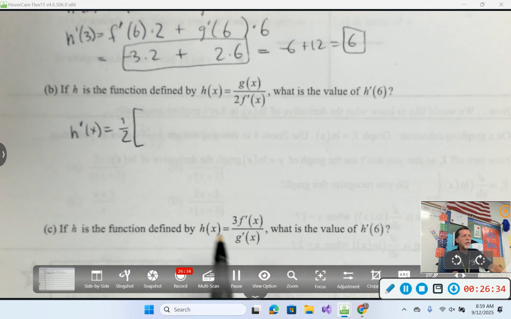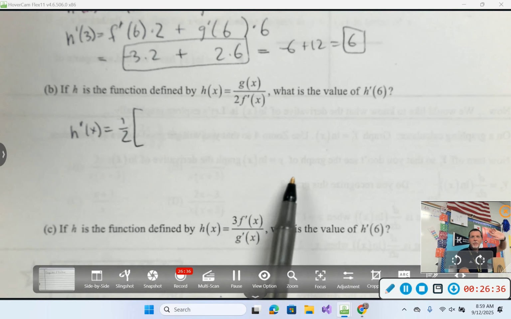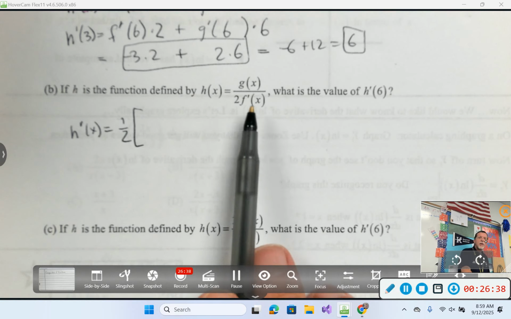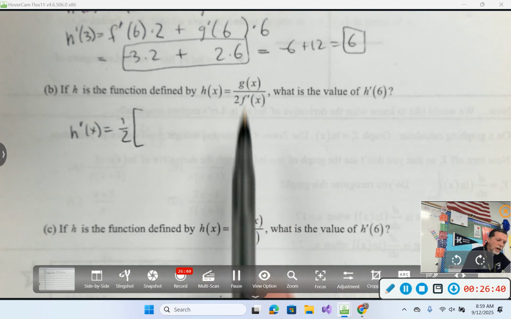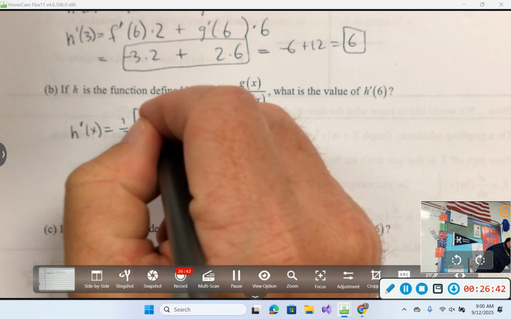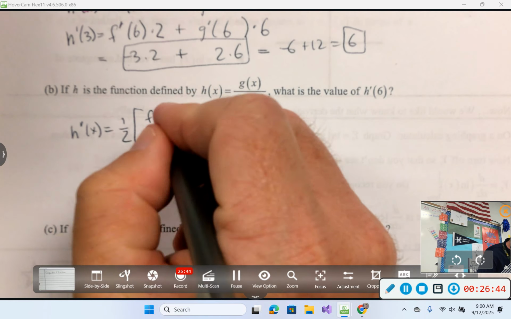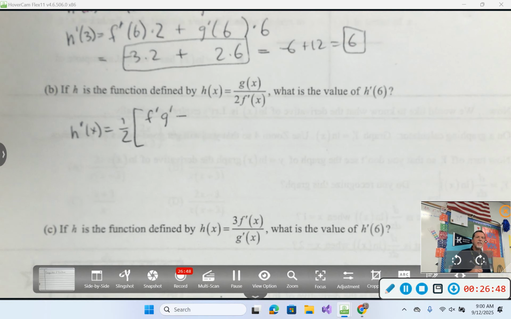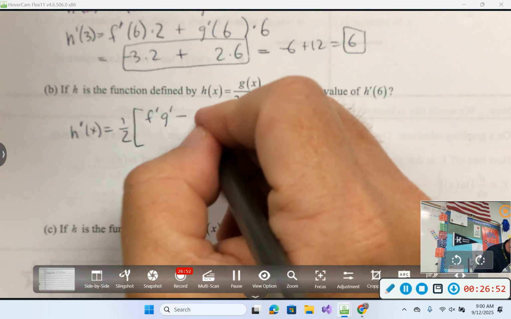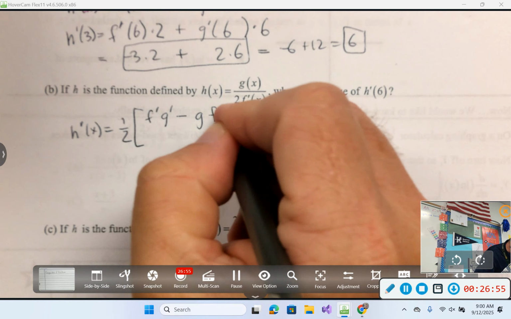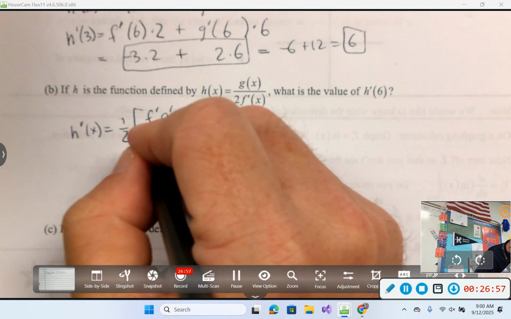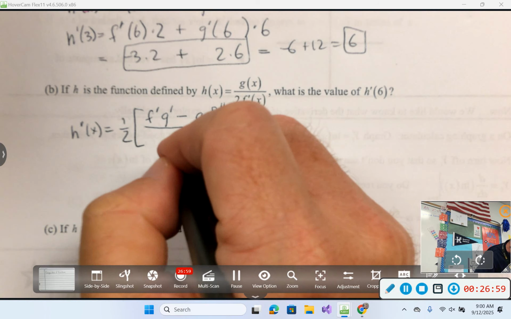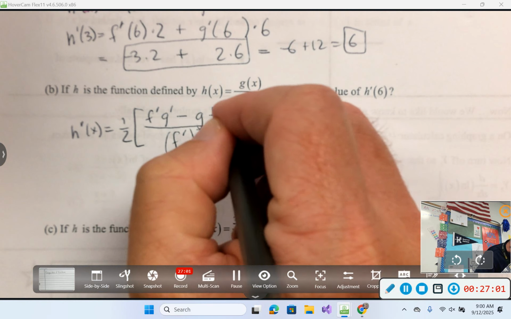Okay, so the quotient rule is normally g f prime. Or this is where starting from the bottom and working your way up is maybe an easier way to go. So bottom times derivative of the top. So f prime times the derivative of the top, minus top times the derivative of the bottom. So g times f double prime, all over the bottom squared.